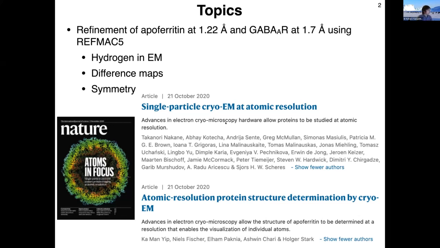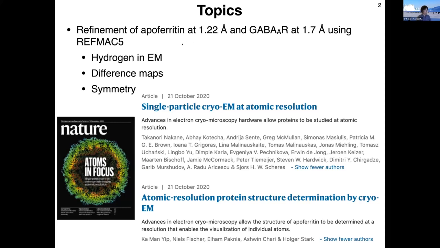The Cambridge group also determined the GABAA receptor, a real-life membrane protein sample, at 1.7 angstrom, which is very high resolution for single particle analysis. They used REFMAC 5 to refine the structures, and some new developments were there.